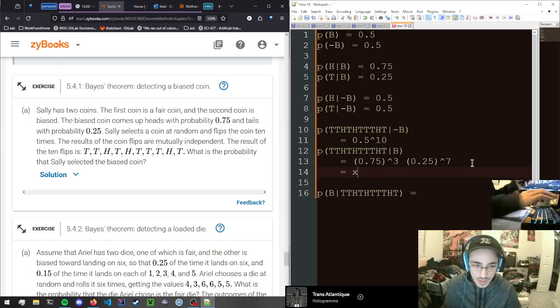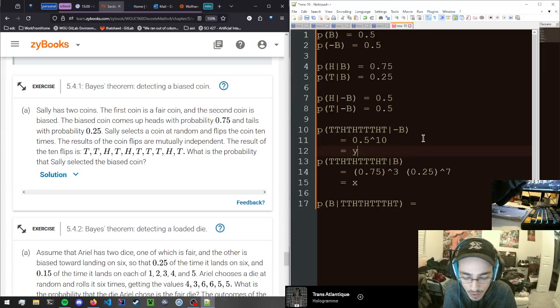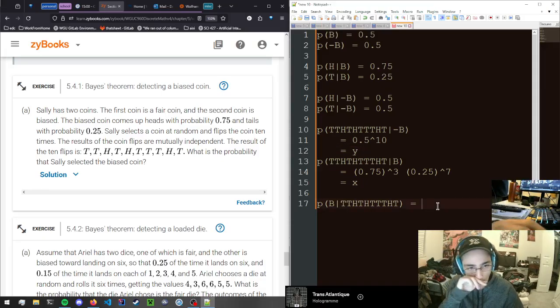I'm putting this into a variable on my calculator called x. This I'm gonna put into a variable called y, so it'll be easier to do that. Okay, so here's what we're gonna do.